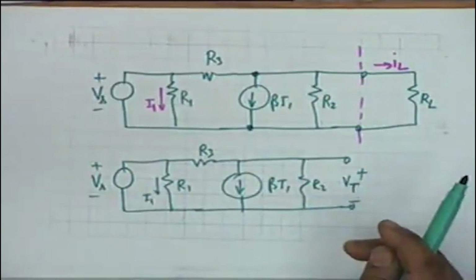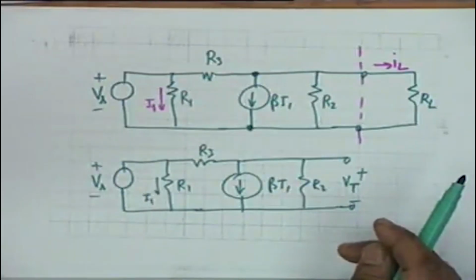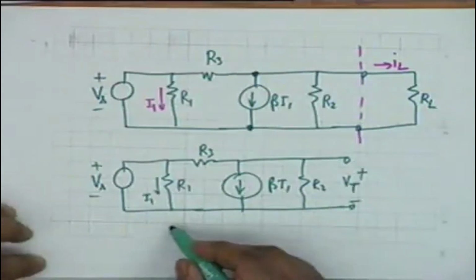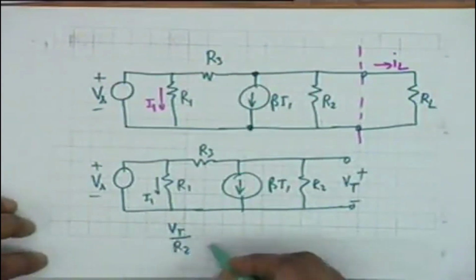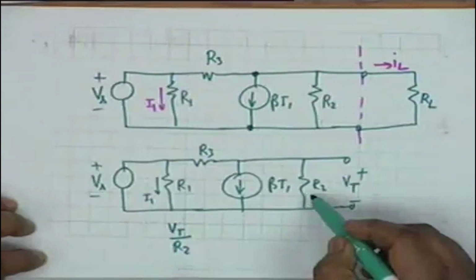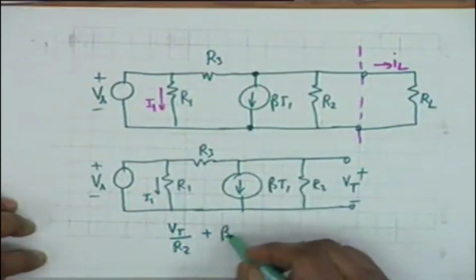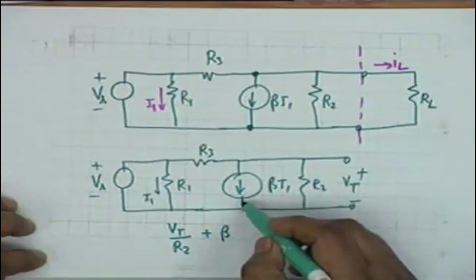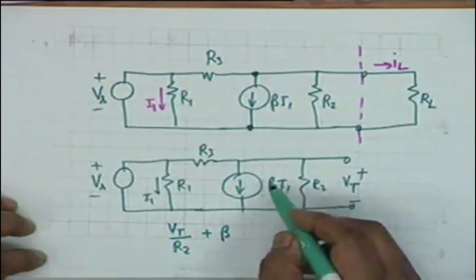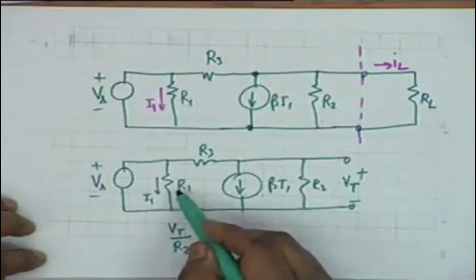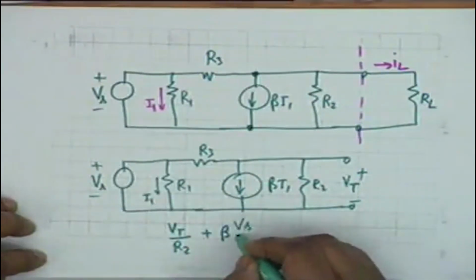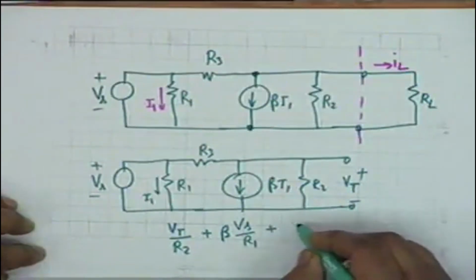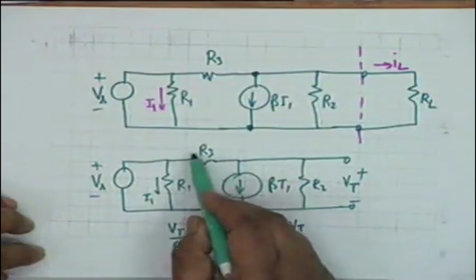So you write one KCL equation, that is, sum up all the currents that leave this node Vt. Obviously these are Vt by R2, this is the current through R2, plus beta I1. Beta I1 leaves this node, but what is I1? I1 is Vs divided by R1. So beta Vs divided by R1, plus the current through R3.